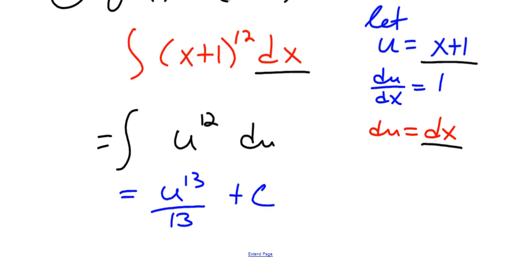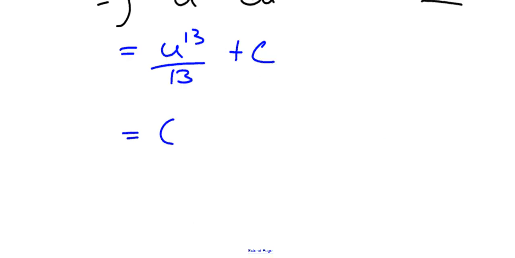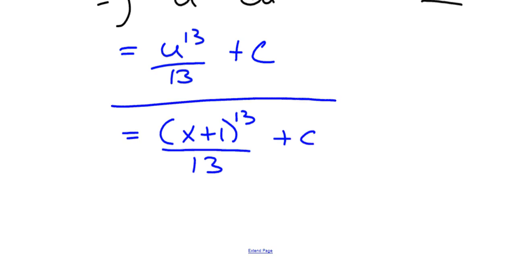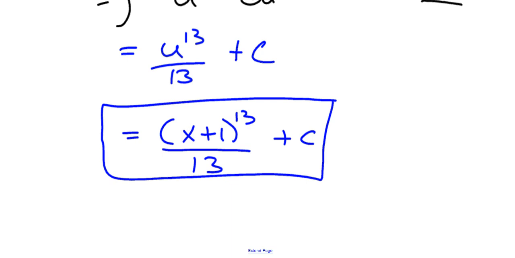The last step is to go back and resubstitute for u, and I get x plus 1 to the 13th power over 13 plus c as my answer. This one may not seem as bad, but technically it was a composite function. Remember, this was the inside function and the power was the outside function. So let's try another example.